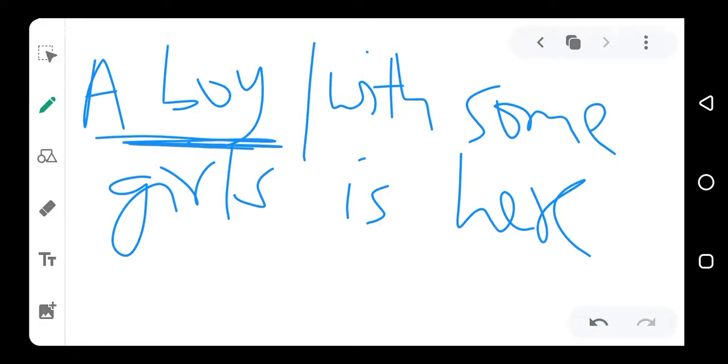With some girls is coming in between it. A boy with some girls is here. Okay, this is rule number 2: anything that comes in between the main subject and the verb should not be considered in creating agreement between the subject and the verb.